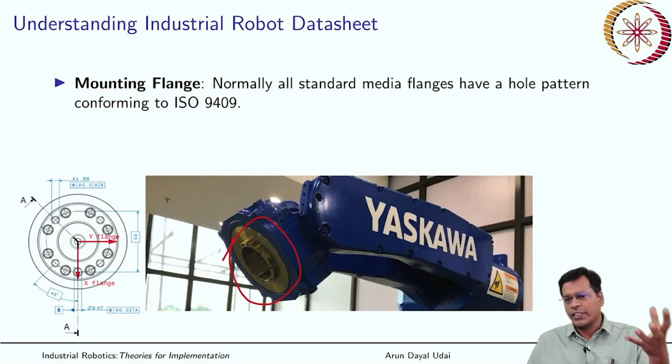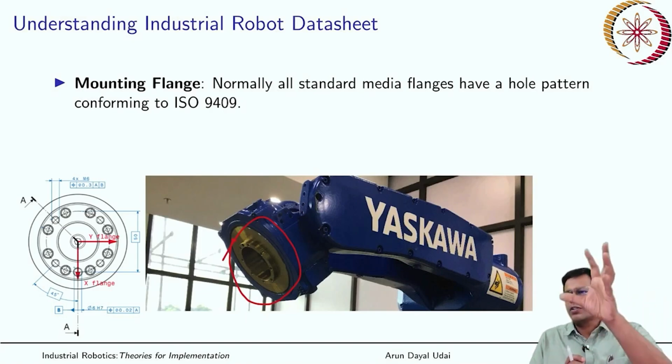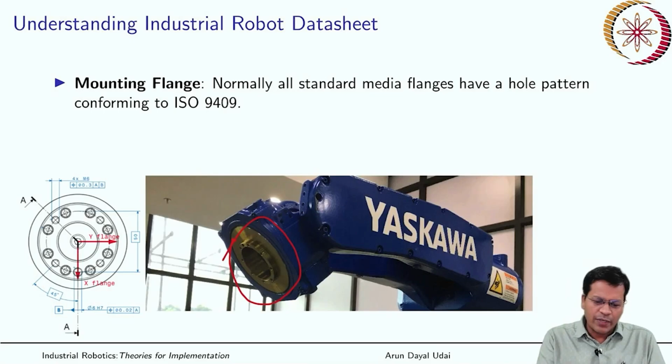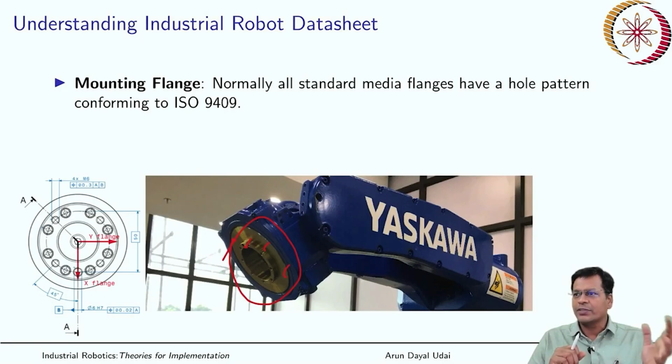I showed you fitting a gripper when I was demonstrating the industrial serial robot in my lab in your first anatomy class. I made a 2-fingered gripper fitting on top of this. So this is the flange where you see it has different holes, on which you can screw your gripper. This is the standard which is defined by ISO 9409.